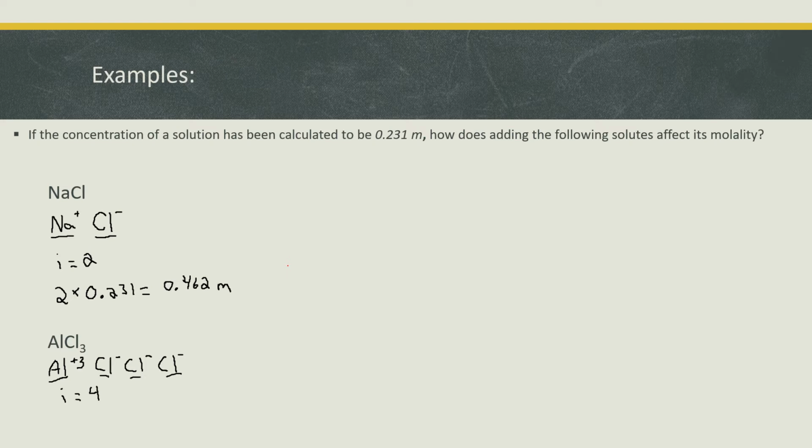Now again, I'm just going to take that 4 and multiply it by the molality, which is 0.231. When you solve that out, you should have gotten a new molality of 0.924.